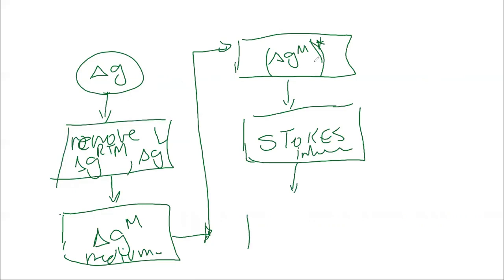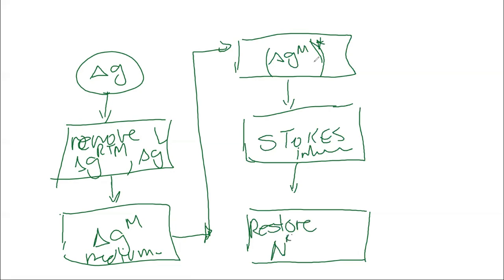And after that, restore the effect of the removed RTM and the global gravity model. Then you get to the geoid.